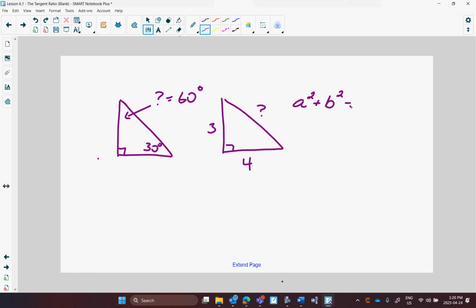A squared plus b squared equals c squared, where a and b are the legs and c is the hypotenuse. So 3 squared plus 4 squared is equal to c squared. This is 9, this is 16. Add them together and we get 25 is equal to c squared. Therefore, c is equal to the square root of 25, which is 5. This is math that you should know.